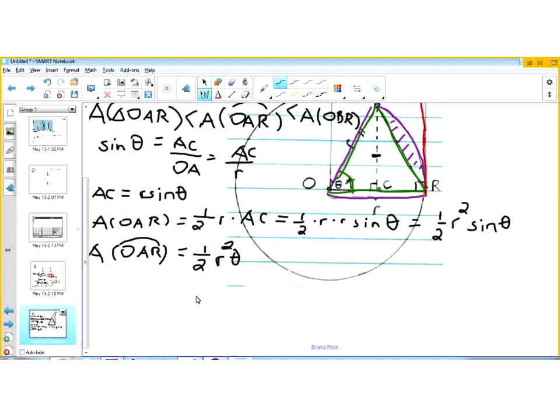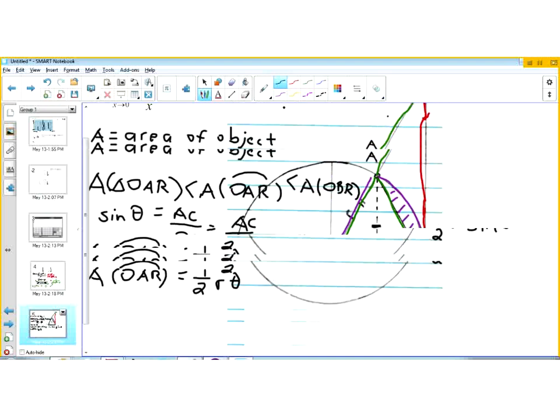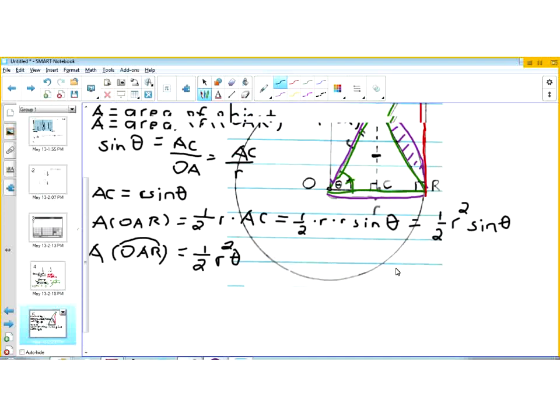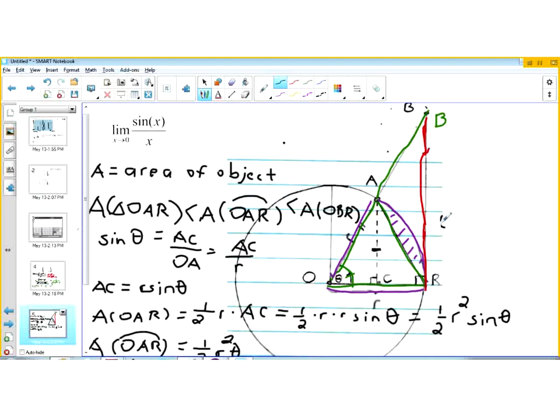Okay? And now next we need to calculate the area of triangle OBR. Triangle OBR is the big triangle shown here, in terms of theta. All right, so before we do that, we can surmise that the tangent of theta.